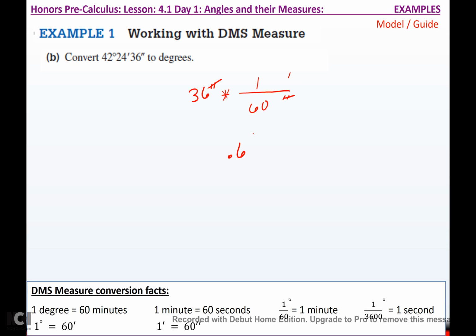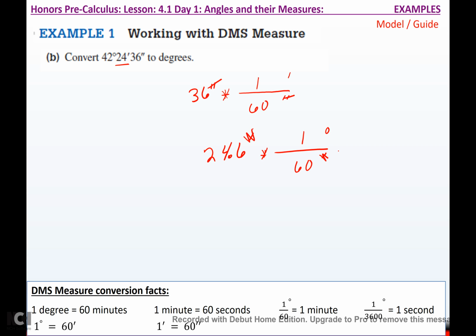So I have 0.6 minutes that I'm going to add on to this. So now I have 24.6 minutes that I want to convert to degrees. If I want to get rid of minutes, I put those on the bottom and degrees on top. And in 1 degree, there are 60 minutes. So minutes cancel.